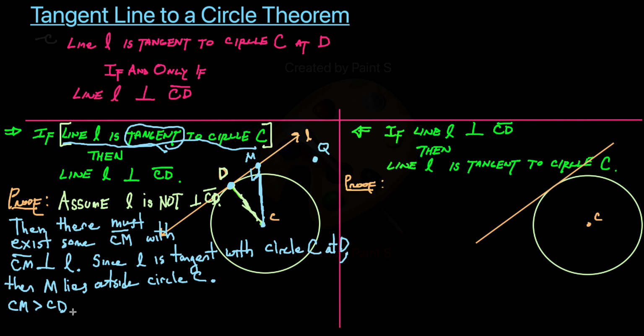And then we're going to say something else now. If we look at the triangle that was formed, triangle CMD, it is a right triangle.